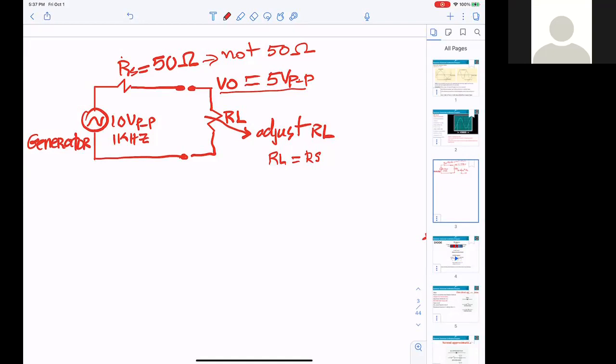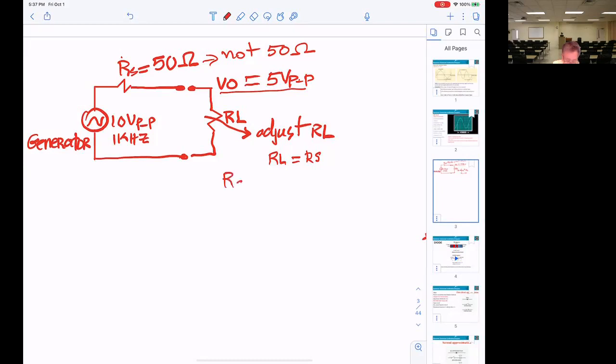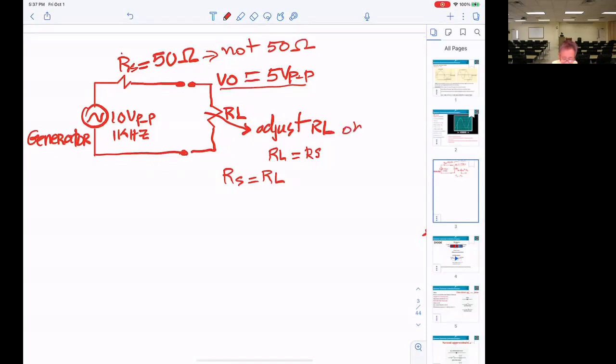Yeah, but you said the generator RS is not. Right. RS equals RL. Then after you adjust to 5 volt, now you measure the RL, you get only 30 ohm.